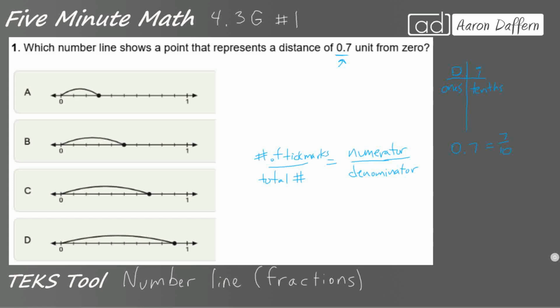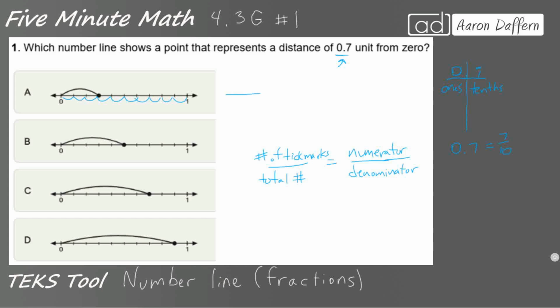So let's take a look at A, and figure out how many total pieces we are dealing with in all of these fractions, since all of these number lines look like they're cut the same way. We're going to count the spaces here: 1, 2, 3, 4, 5, 6, 7, 8, 9, 10.